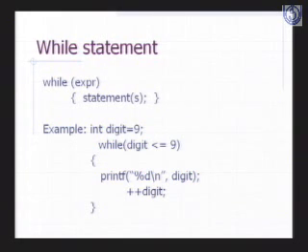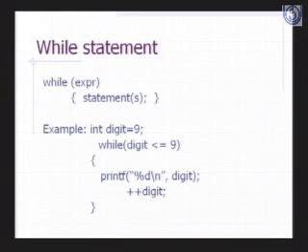Here the basic difference between the for loop and the while loop is that we take the assignment value of digit equal to 9 ahead, before placing the loop. We initialize the control variable digit equal to 9 and then we start the loop here.